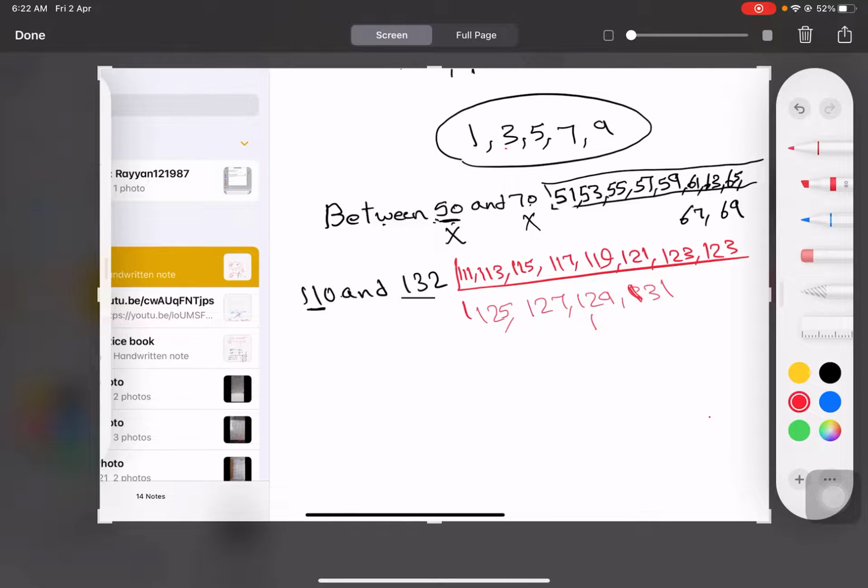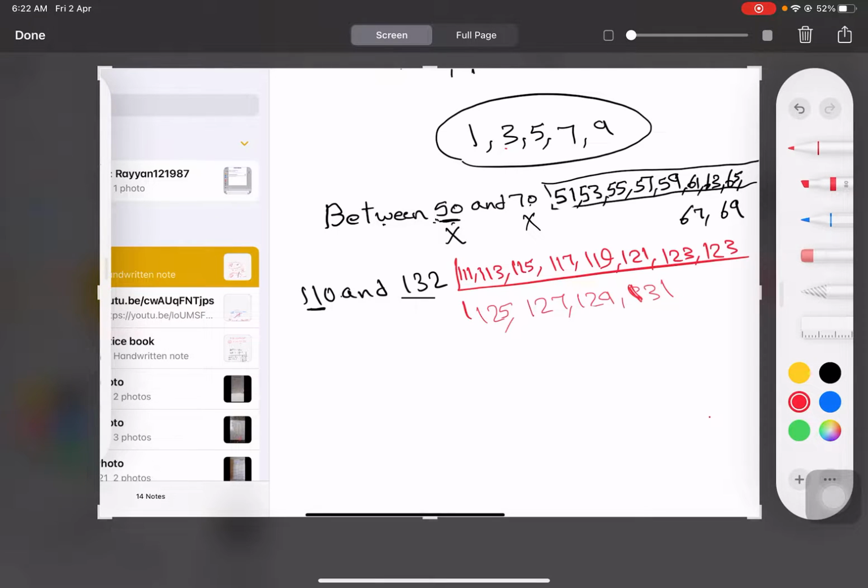I will stop because they said 110 and 132. So this is the number that comes after. So I will stop in 131 because 132 is even number and it's here. So I will stop in 131.